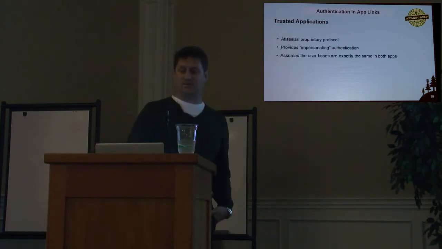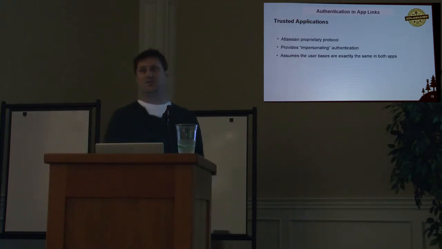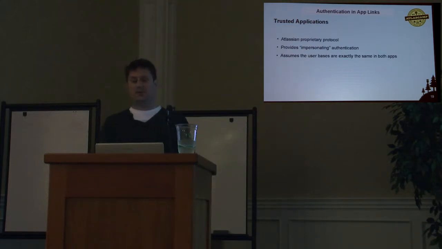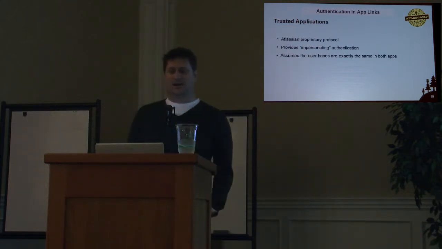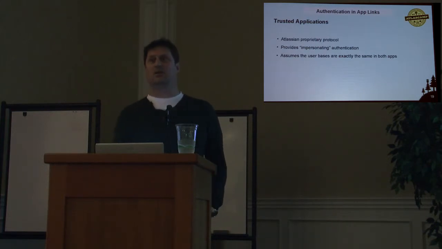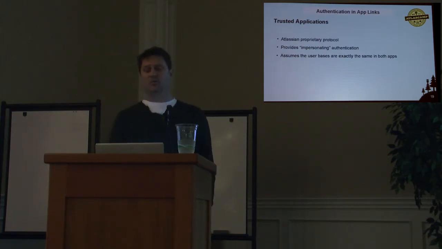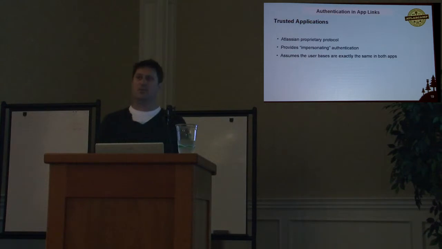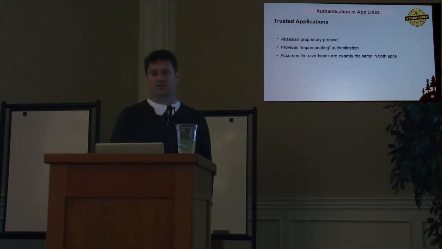Next we have trusted apps. Trusted apps is an Atlassian proprietary protocol, so unfortunately it's really only going to work if you're trying to connect two Atlassian applications together. It provides what Application Links calls impersonating authentication. So that's when a user on the first system maps to a user on the second system, as opposed to basic auth, which was non-impersonating, as we just saw.